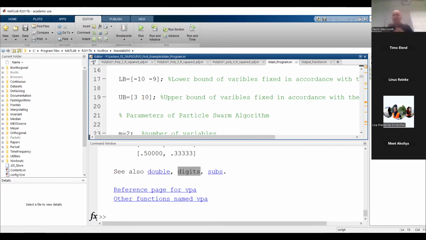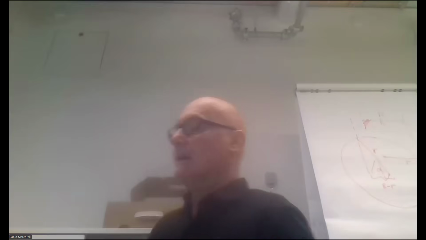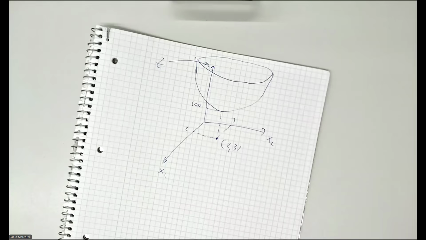Yeah, I mean, if you want to understand exactly this representation, this boundary, so now I already forgot. Let me see. LB is -10 for x1 and UB is 3.